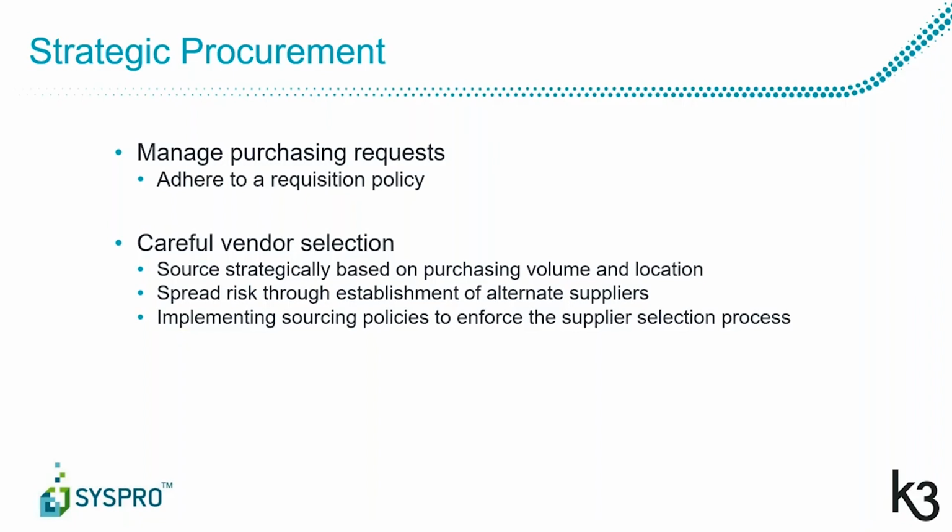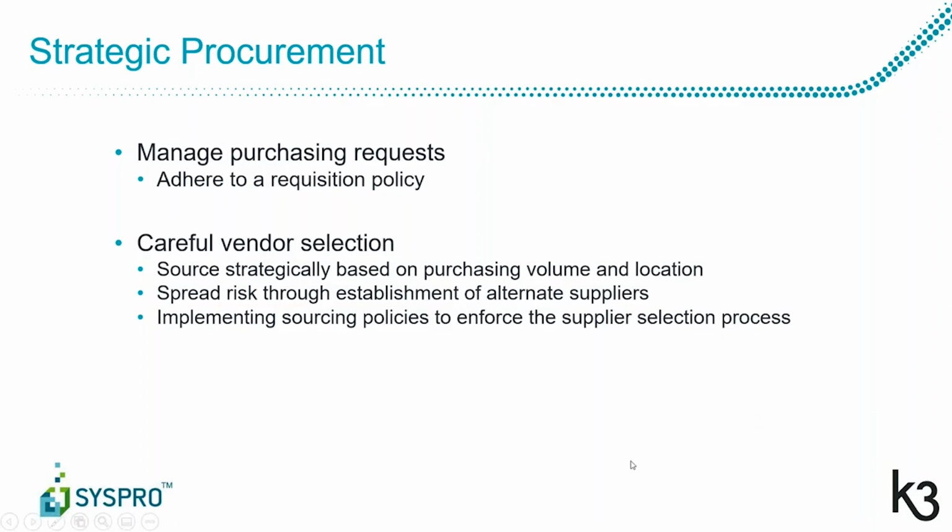If you've got a key critical item, you want to spread risk for your ability to get that item by having alternate suppliers. And you also want to look at implementing policies to make sure that your supplier selection process that you've spent a lot of time developing is adhered to. And you want to be able to go ahead and have auditability, traceability, accountability associated with that as well.